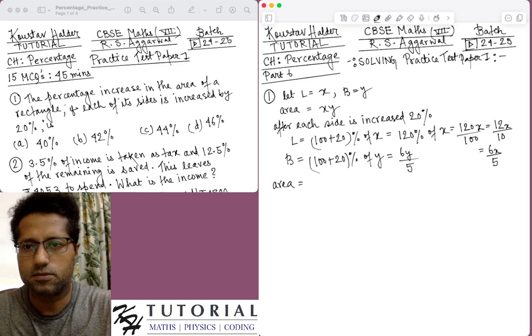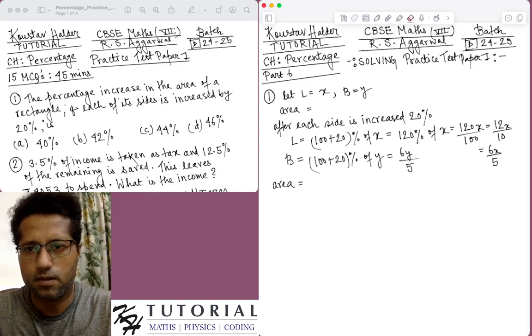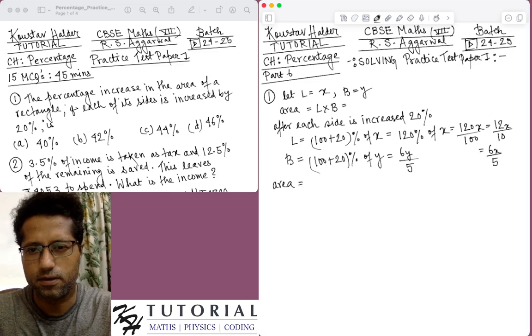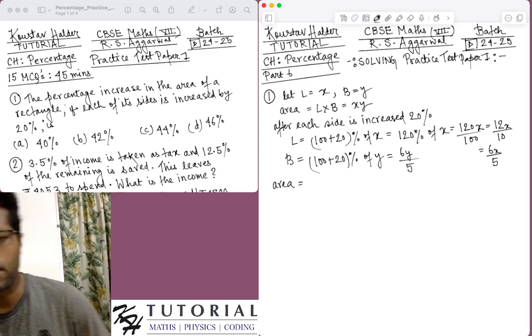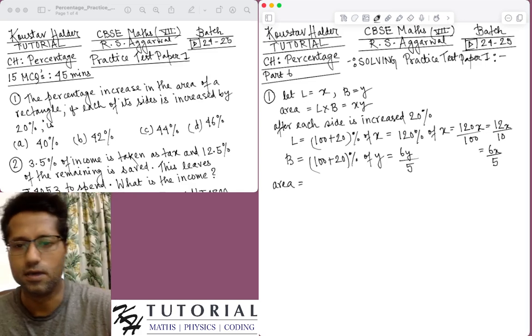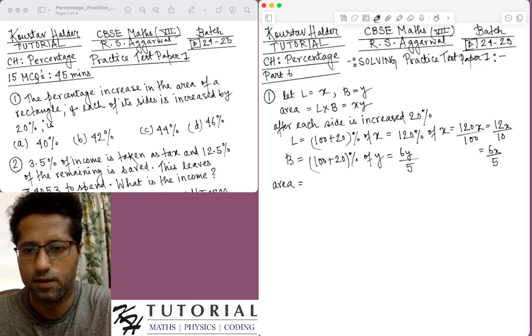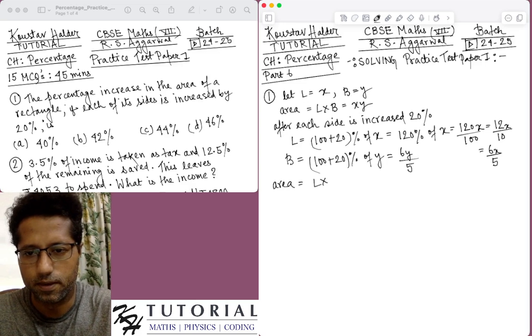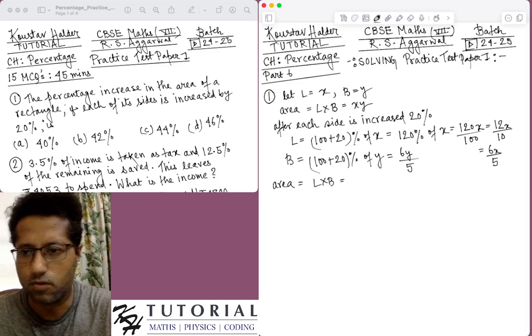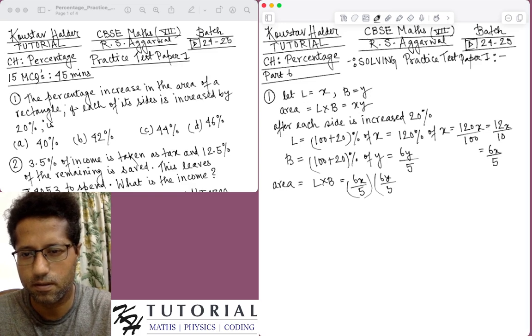Let's write it in a clearer way. The area equals length into breadth, that equals xy. This was the area before the sides were increased by 20%. Now the sides have been increased by 20%, so the new area is length into breadth, equal to 6x by 5 multiplied by 6y by 5.